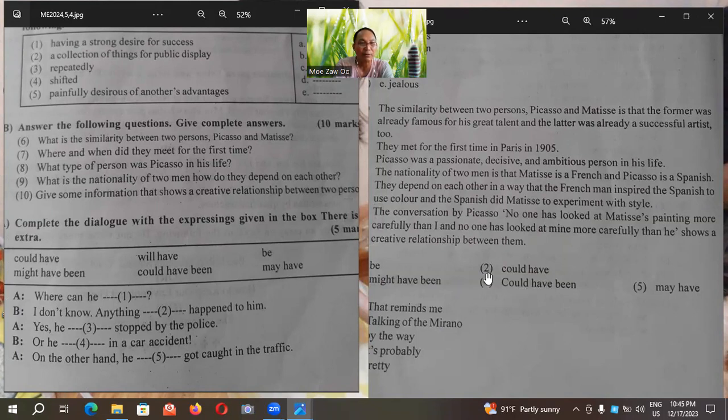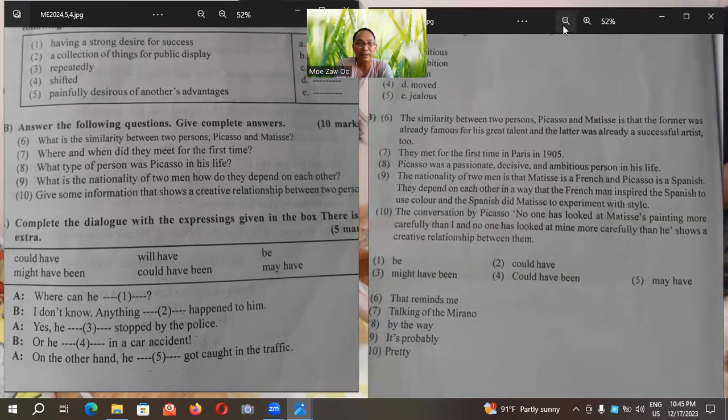Number 1. Where can he be? Where can he be? I don't know. I don't know. Anything could have happened to him.